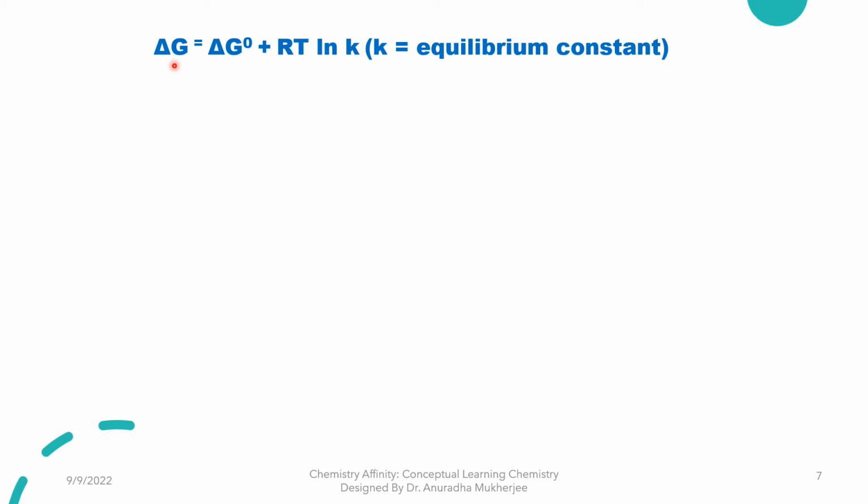This equation is delta G equal to delta G0 plus RT ln K. Here delta G is the Gibbs free energy of the reaction, delta G0 is the Gibbs free energy in the standard condition, R is a constant, T is the temperature in Kelvin, and K is the equilibrium constant.